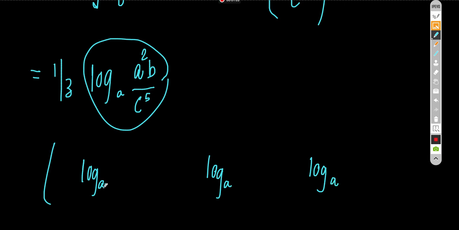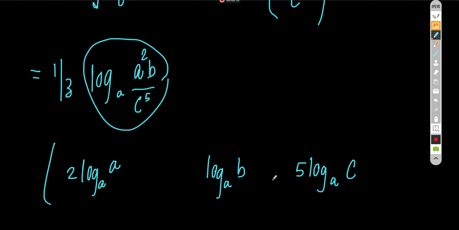And when the log of a, since it's a squared, that 2 can come in front. B doesn't have an exponent, and C had a 5, C to the fifth, so the 5 can come in front.